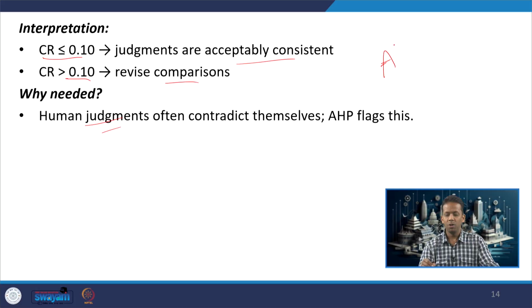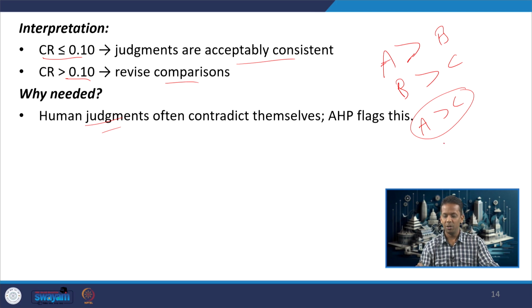Some person may say, okay, A is more important than B, I am representing more importance by greater than, and they may say B is more important to them than C. So mathematically, A should be more important than C, but while responding to survey questions, the person may say that C is more important than A. In such a case there will be inconsistency, and that inconsistency in the responses would be flagged when we have this parameter of consistency ratio checked.